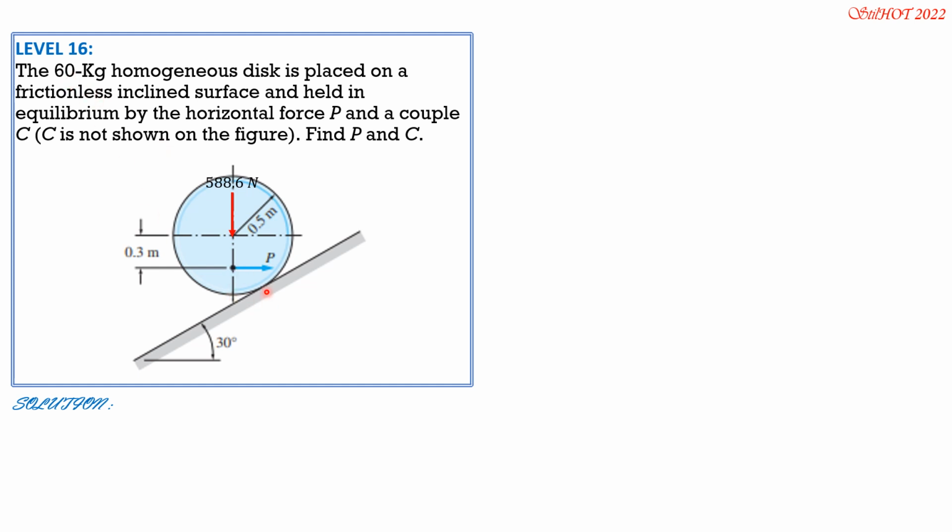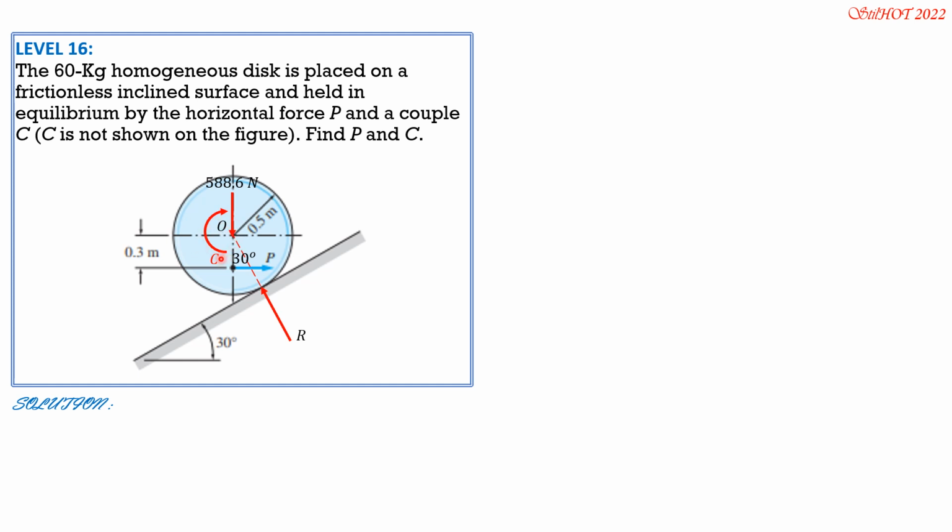Then we have normal reaction at this inclined surface, perpendicular to the inclined surface, and that passes through the center and makes an angle of 30 degrees with the vertical. So the couple should be clockwise because the moment of this normal reaction R and the weight about O is 0.